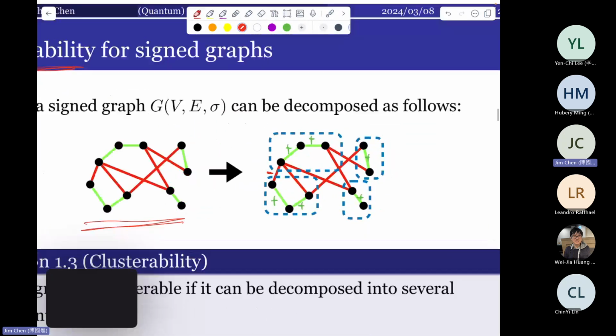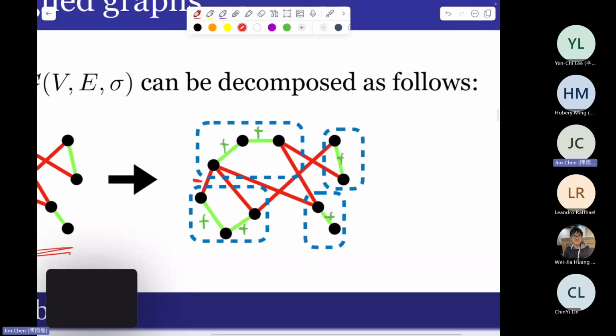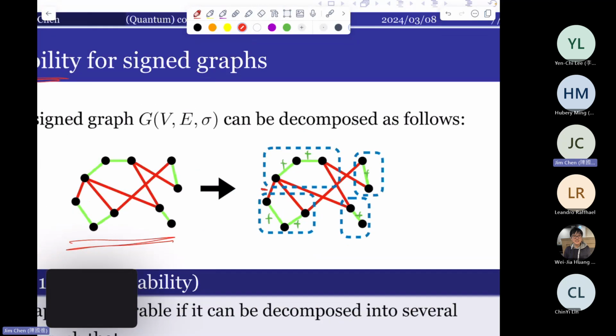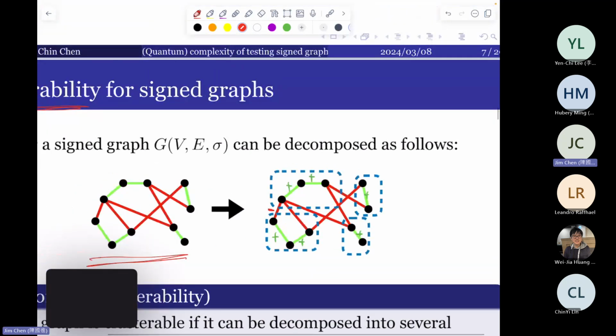This property is quite similar to bipartiteness, but I have to mention that this is a unique property for sign graphs, since in a normal graph we do not have the structure for labeling of the edges.